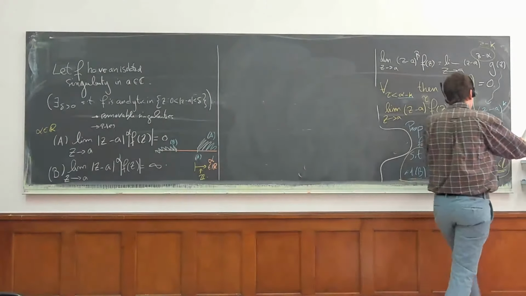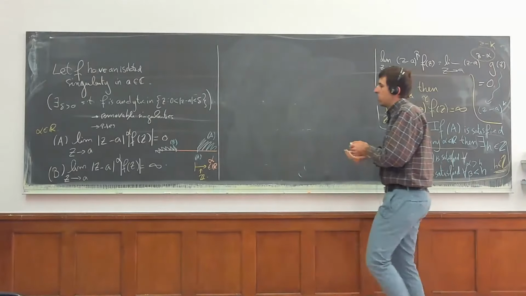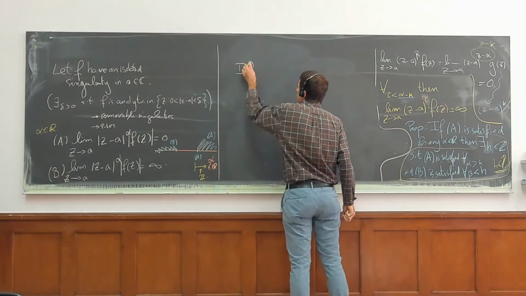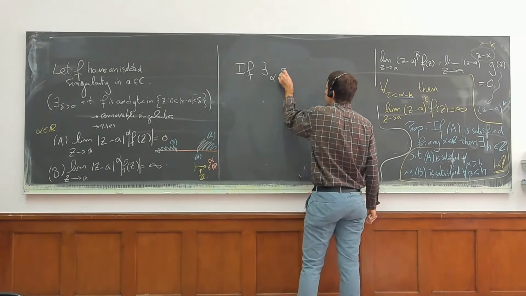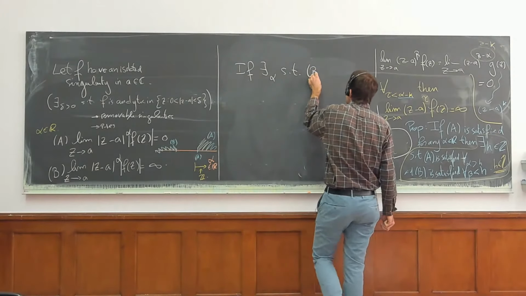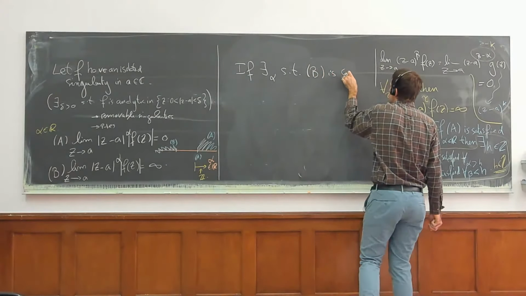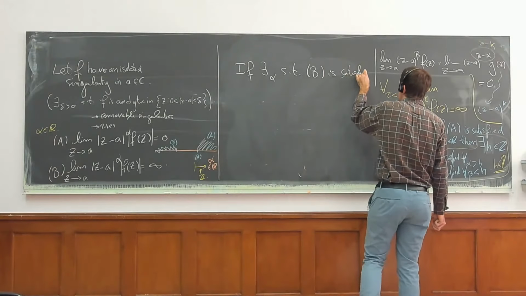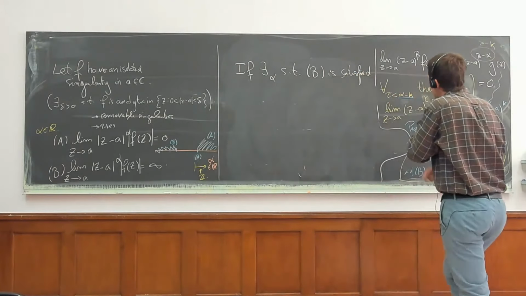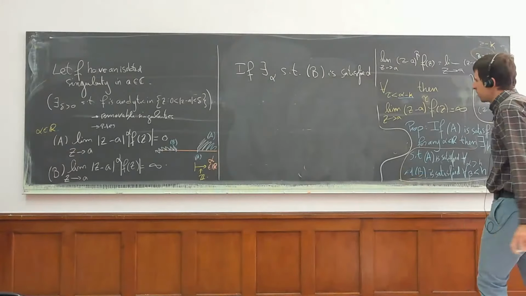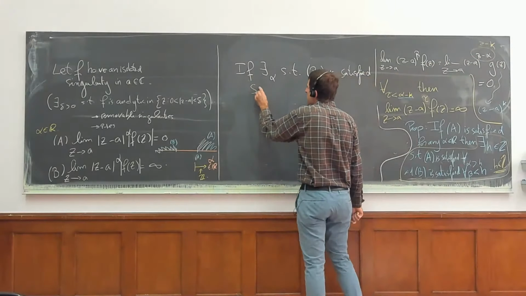It's not so hard to see that if there exists some alpha such that b is satisfied, then the exact same construction holds, the same idea gives the same result.